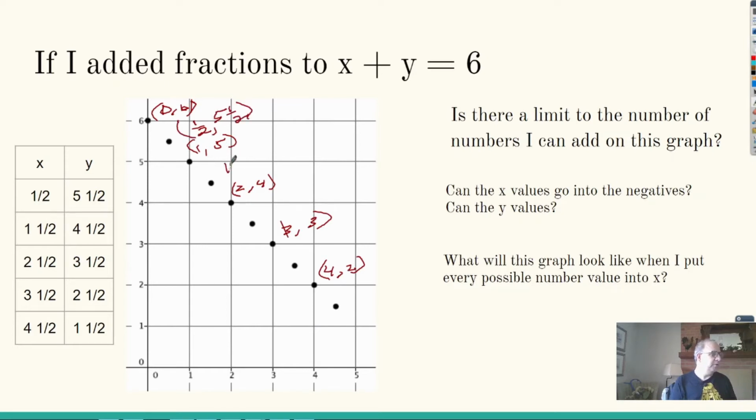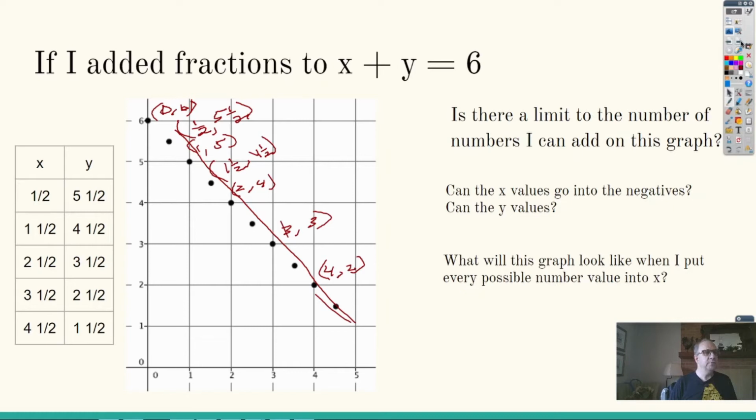And this is 1.5 and this is 4.5, because 1.5 plus 4.5 equals 6, etc., etc. So this is 2.5 and 3.5, and this is 3.5 and 2.5, and this is 4.5 plus 1.5, etc. So all of the points in between, and you can still see they look like they're going in a straight line still. So what goes on next?